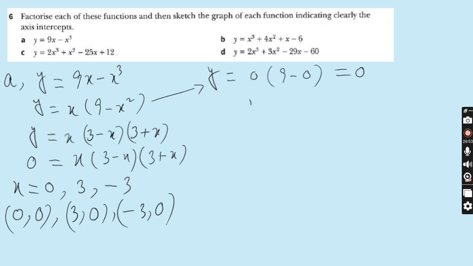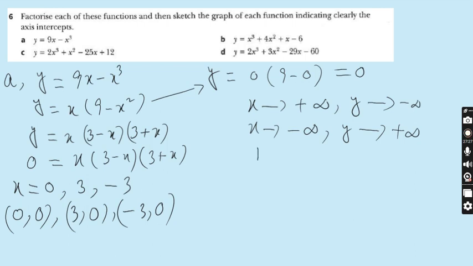Now find the end behavior. If x approaches positive infinity, then y approaches negative infinity. Similarly, if x approaches negative infinity, then y approaches positive infinity. So what I told you in previous questions, our graph goes from top to bottom.